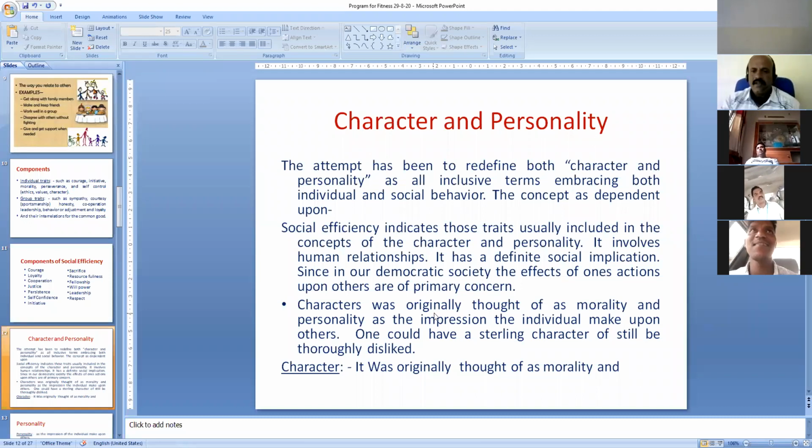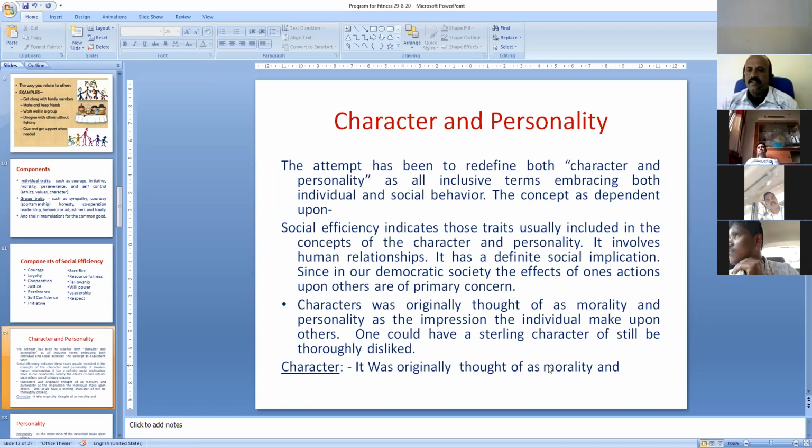Character was originally thought of as morality, and personality as the impression the individual makes upon others. So characteristics was thought of as the morality of a person, and personality is the impression an individual makes upon others.